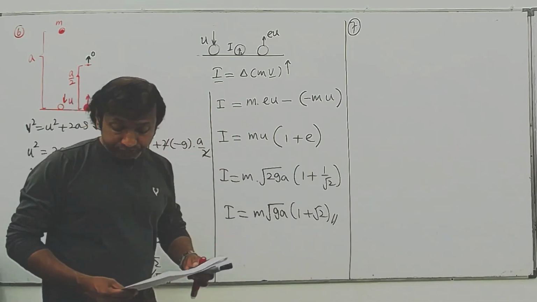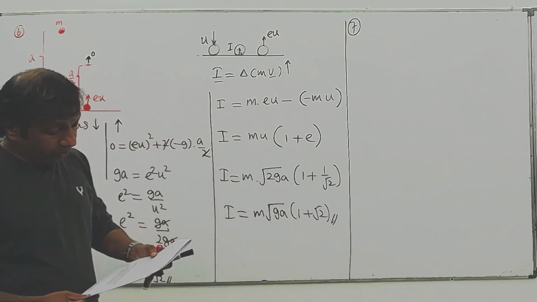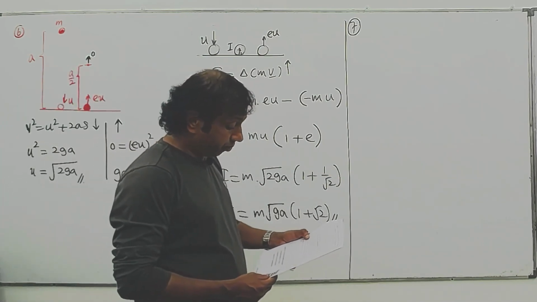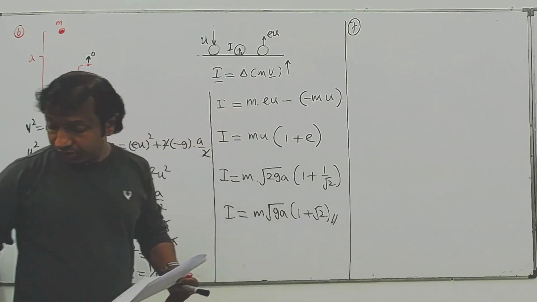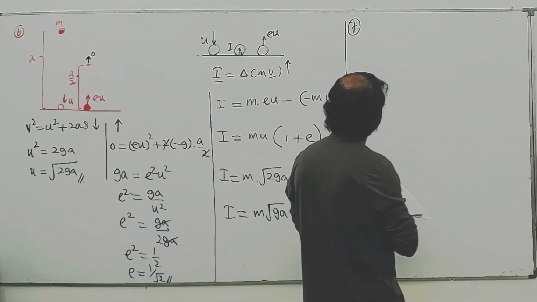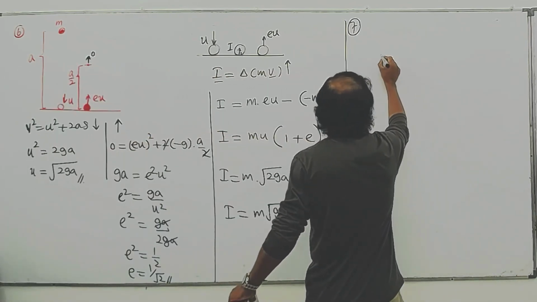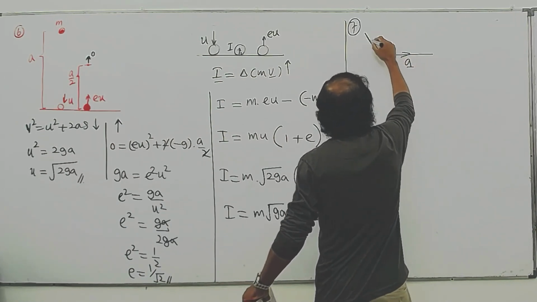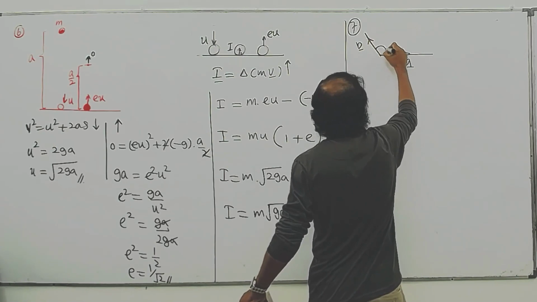Number 7. The vectors A and B are inclined at an angle 2 pi by 3. Vector one is A, the other one is B here. This angle is 2 pi by 3.